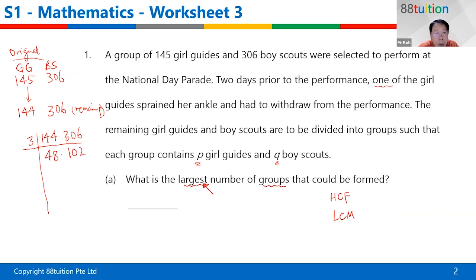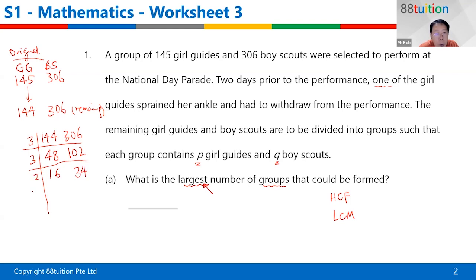Now I notice I can still divide by 3, because the digit sum of 72 adds up to 9 and of 153 adds up to 9. So I divide by 3 again. So this is what I get: 24 and 51. The digit sum again is 6 and 6, so I can divide by 3 again and I have 8 and 17.